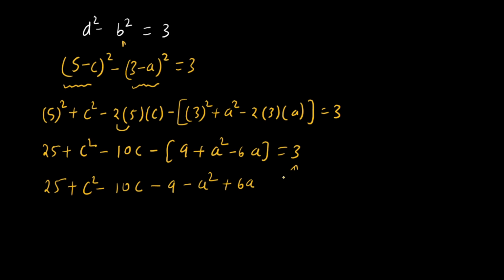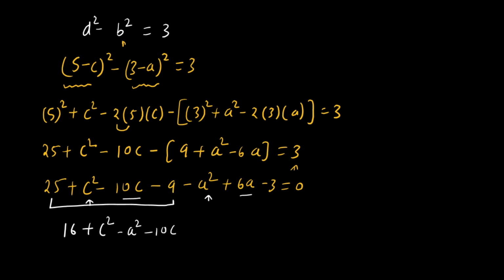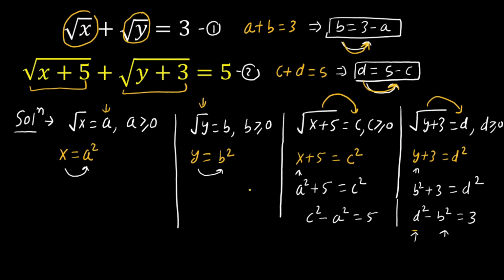Taking the 3 to the left hand side, it is minus 3, equals 0. 25 minus 9 is 16, plus c square minus a square, minus 10c, plus 6a, minus 3 equals 0. Here c square minus a square, and we know the value of c square minus a square is 5.